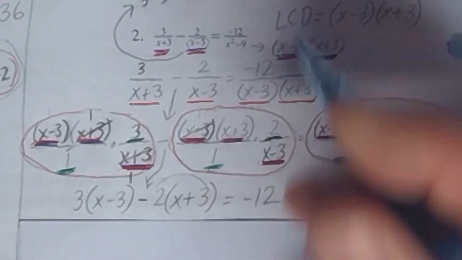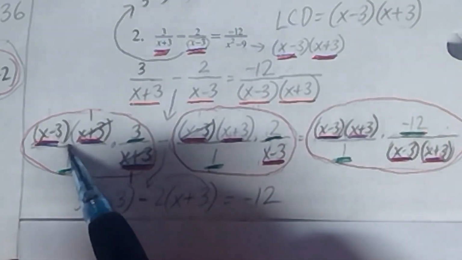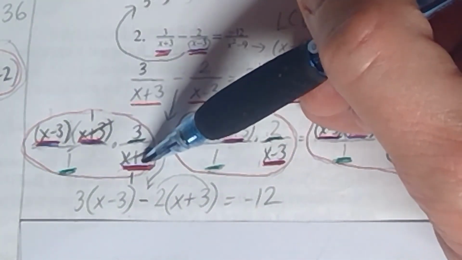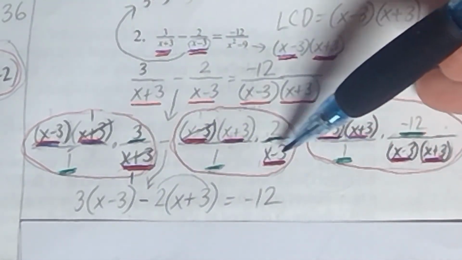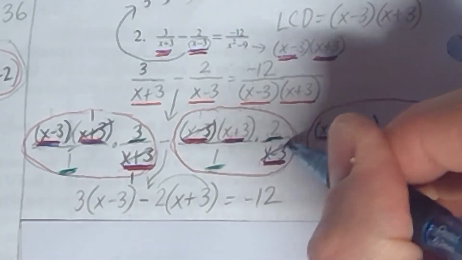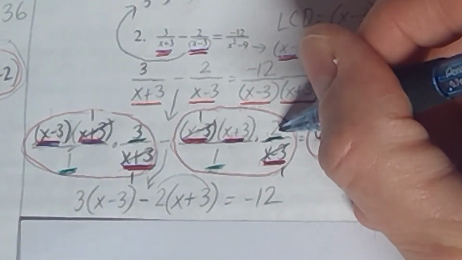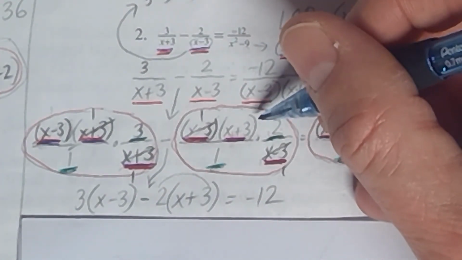And so what was left in the first part here was x minus 3, which I already had written down, but the work was wrong up here, so I fixed it. So the x plus 3's cancel there. We get this. The x minus 3's cancel here. Let me do that. And we get, again, a single term in one numerator and a multiple term, x plus 3, in the other.